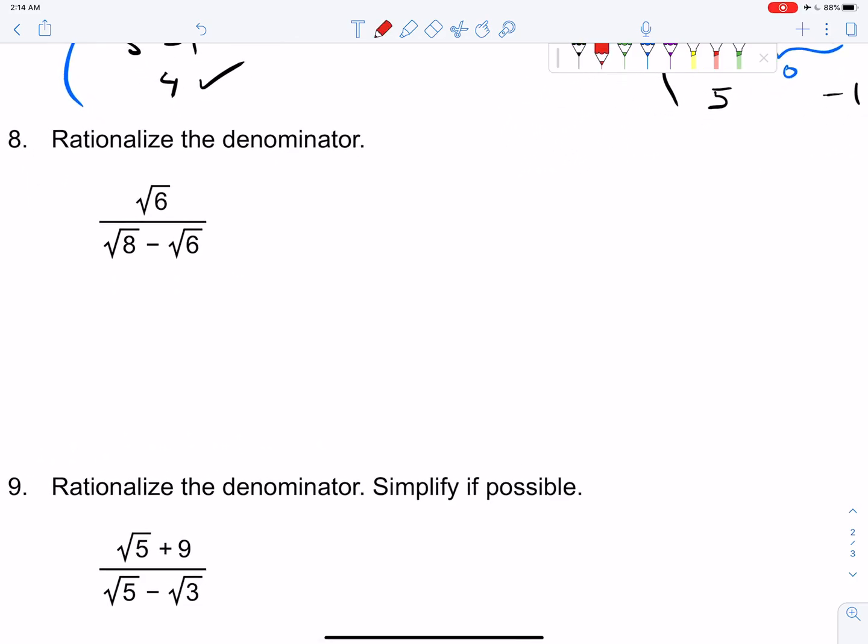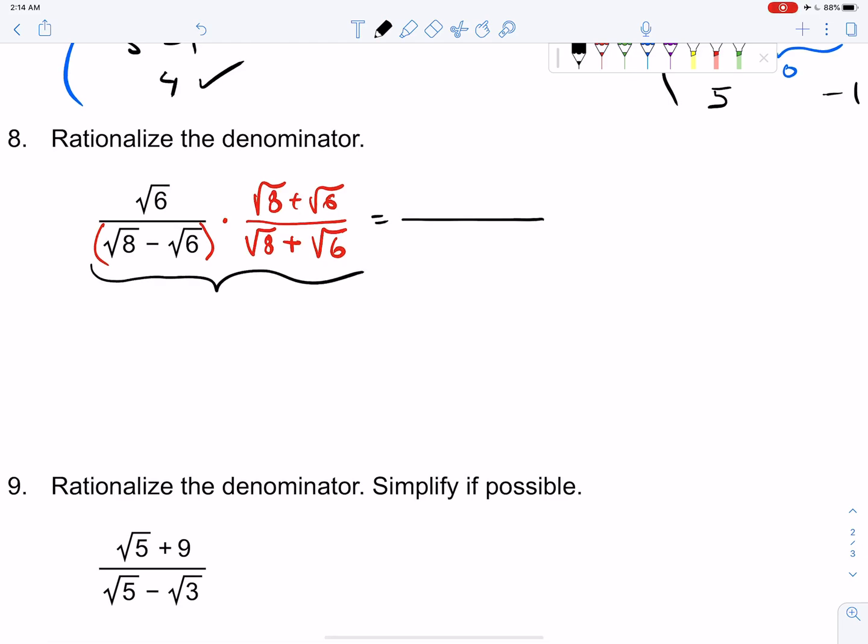So what we want to do is multiply by the conjugate, which is the same root 8 with a plus instead of a minus, and the same root 6. That is going to ensure that we get this difference of two squares business, that the denominator is going to be rationalized.